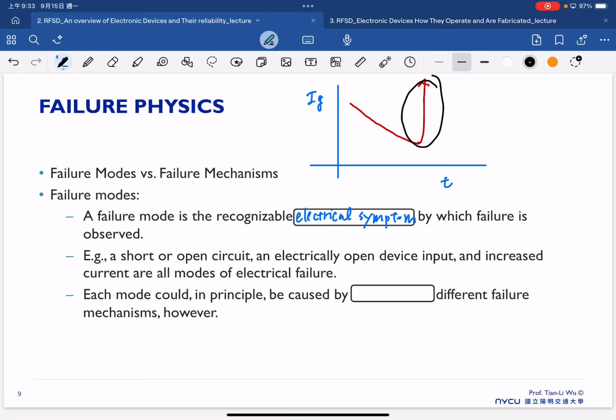So this is an electrical symptom for the TDDB reliability issue. That's our failure mode.